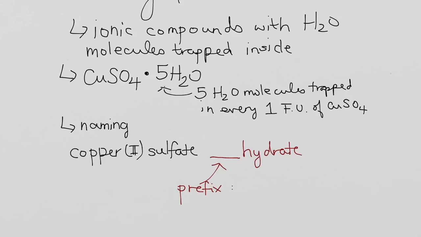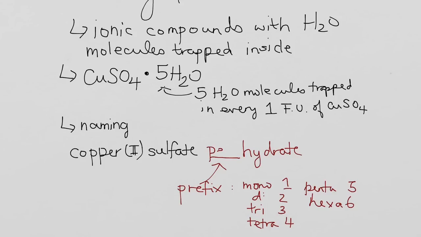So we're talking about mono, di, tri, tetra, penta, oops, that's a 5, hexa, and so on. So in this case, because there are 5 molecules, we will name this a pentahydrate.